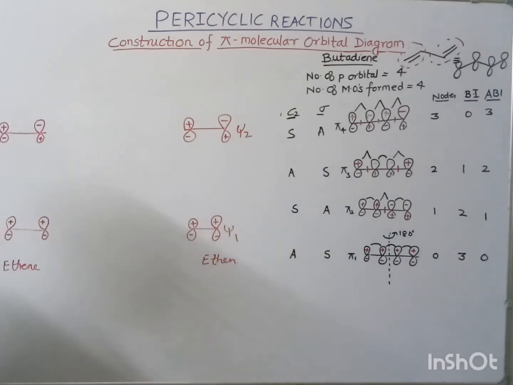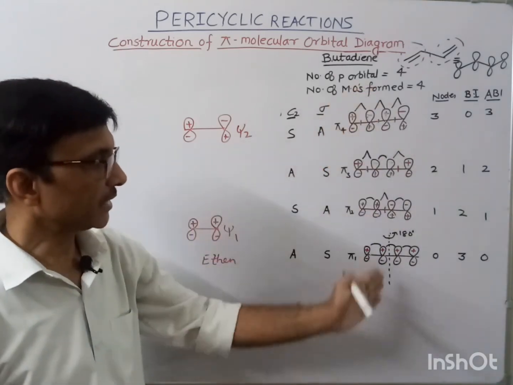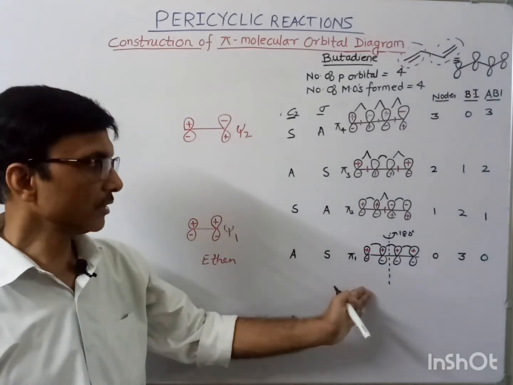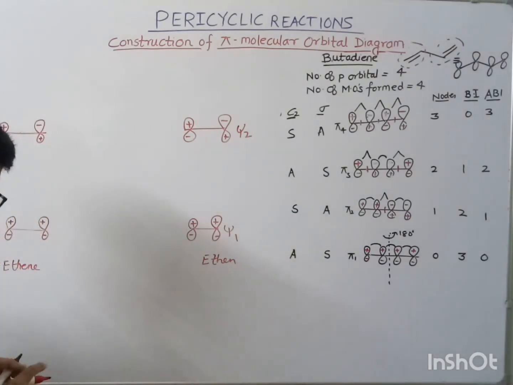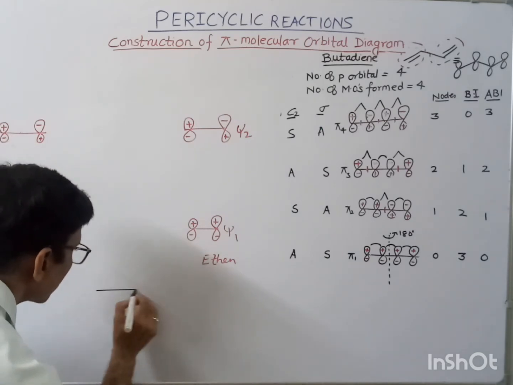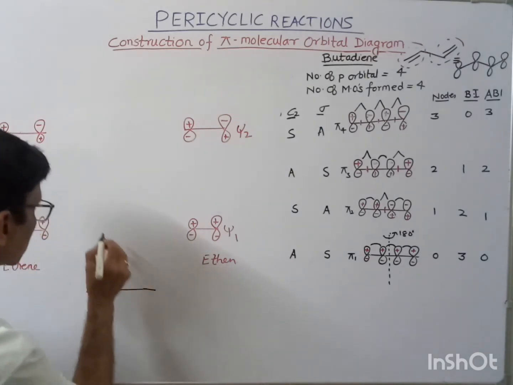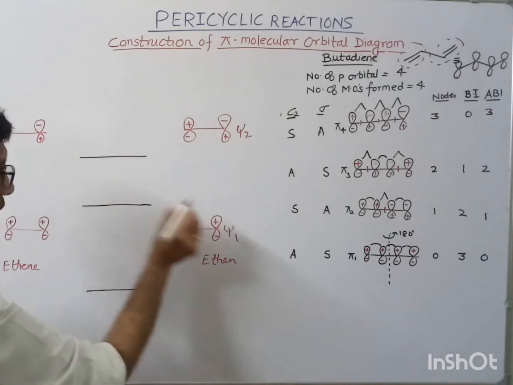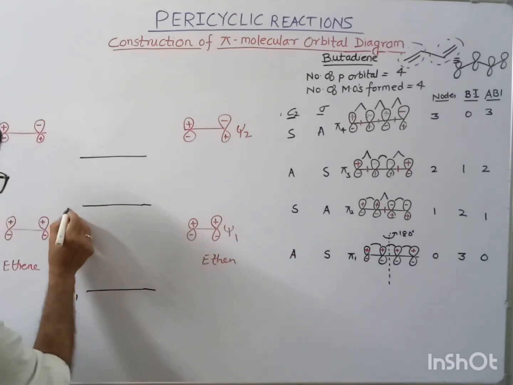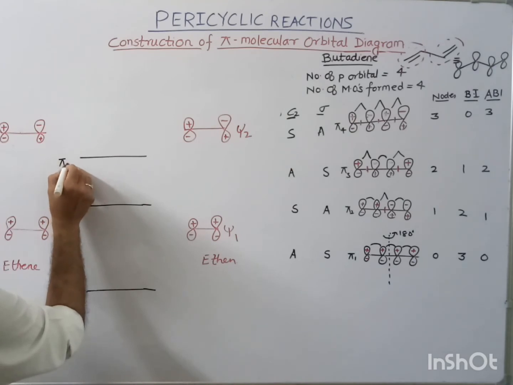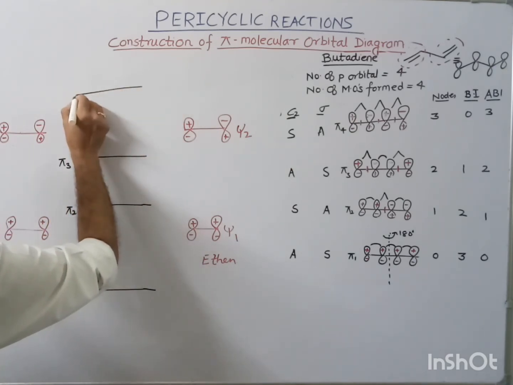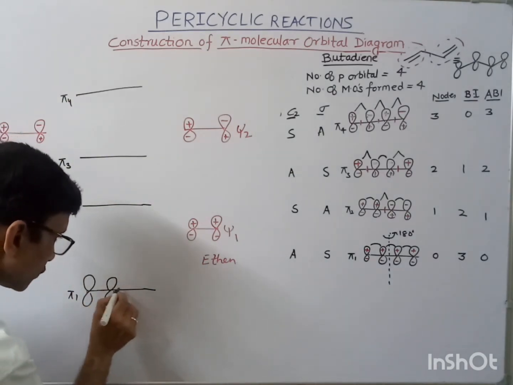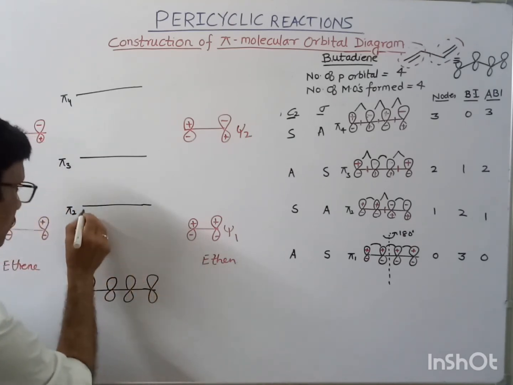Now I should write the molecular orbitals of butadiene. After combining two ethene systems, we should get the same molecular orbitals as here. So suppose this is the first one, this is our second one, and the third molecular orbital that I have written. This is pi1, this is pi2, this is pi3, and this is our pi4. So four p orbitals, 1, 2, 3, 4.